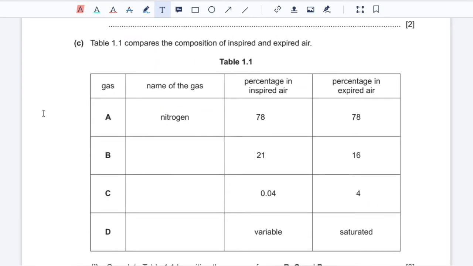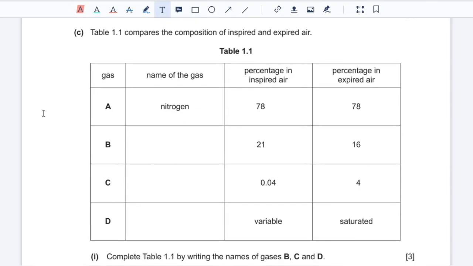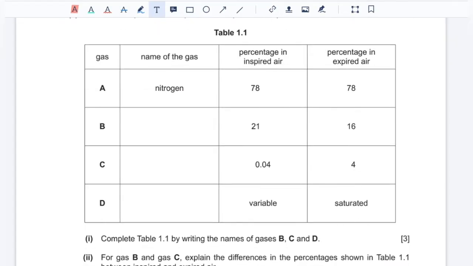Table 1.1 compares the composition of inspired and expired air. 1. Complete table 1.1 by writing the names of gases B, C, and D. Alright, so gas B, we're supposed to name it, and we're given that its percentage is 21 in the inspired air and 16 in the expired air, and that is oxygen.